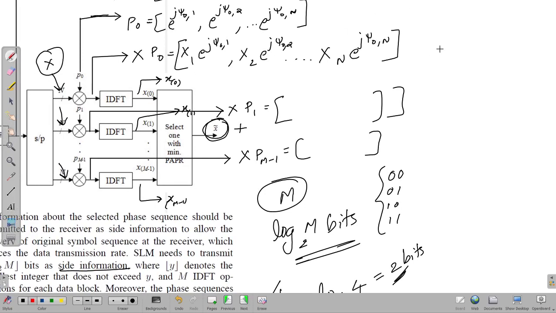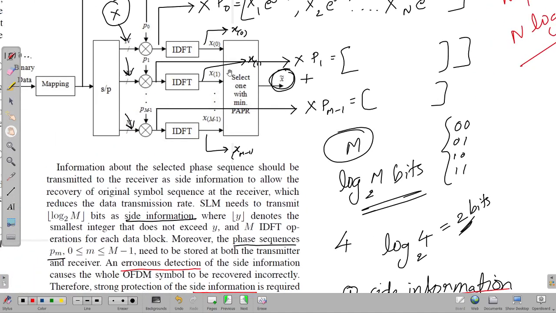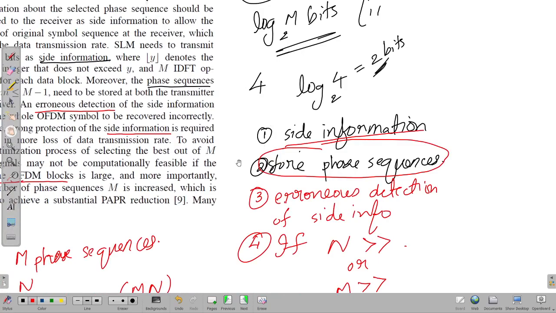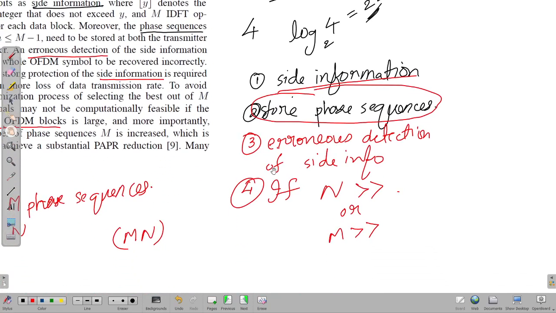You might have learned that for an N-point FFT or IFFT, the number of computations is N log N to the base 2, and as N increases, the computations increase proportionally. So even though we have the advantage of selecting the signal with the lowest PAPR, you also have all these associated disadvantages for the selective mapping method.